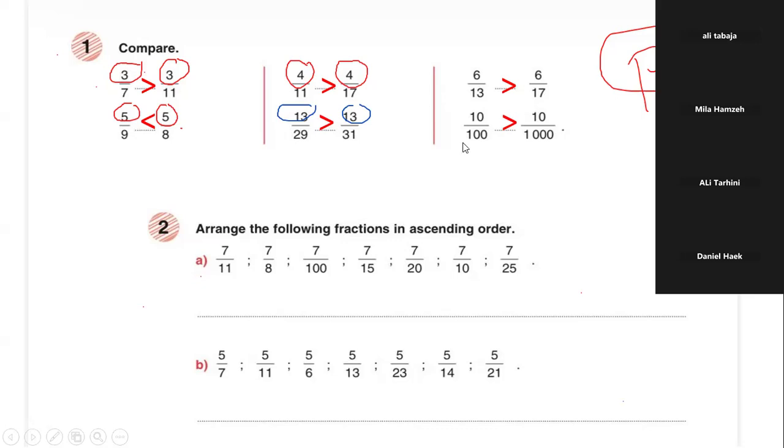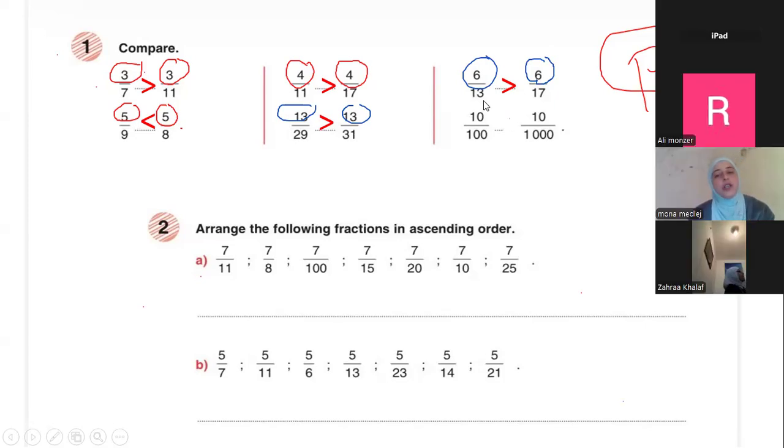Same denominator... Because we have same numerators, excellent. So we have same numerators, 6. 13 is less than 17. So to find the bigger fraction, we should choose the smaller denominator. So 6 over 13 will be bigger.